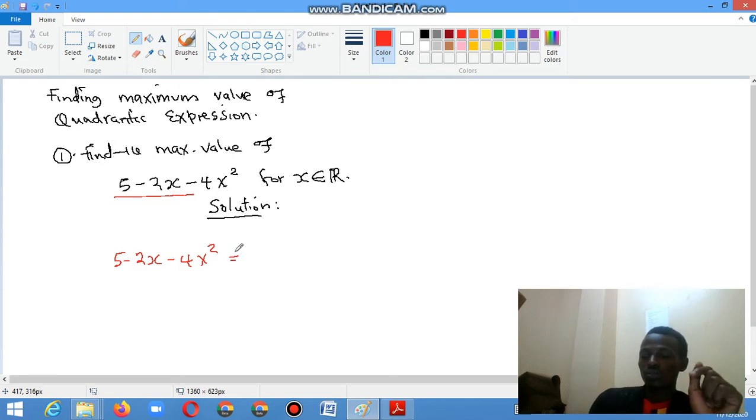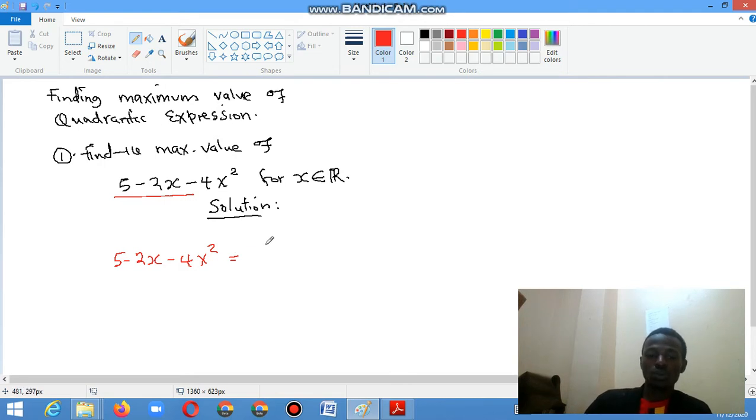So we are going to do some simple logic, some simple magic, to make the coefficient of x squared equal to 1. And how should we do this? We are going to factorize. We factorize the entire coefficient of x squared outside, such that we remain with 1.